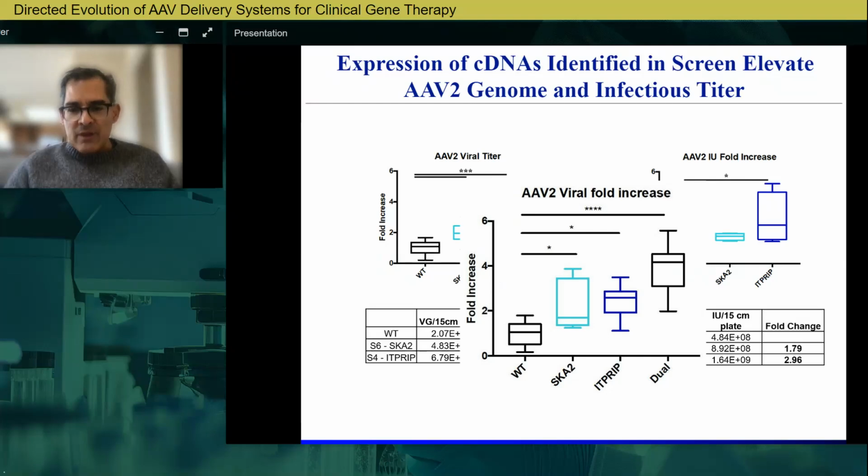And when we began to combinatorialize these two guide RNAs, or specifically these two genes, we see we're getting up to a 4-fold increase in AAV production. So this would correspond to a 4-fold decrease in the surface area necessary to manufacture AAV for a given patient. And fortunately, this genetically modified cell line also worked for other AAV serotypes, such as AAV6 and AAV9.